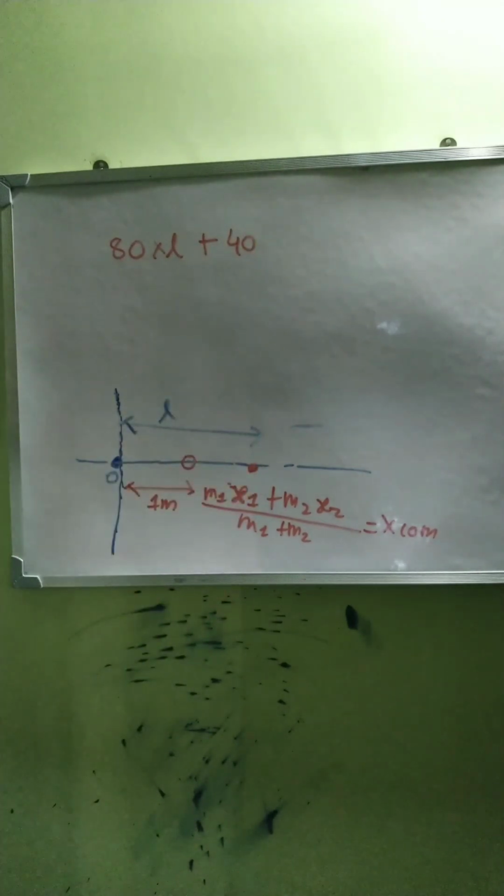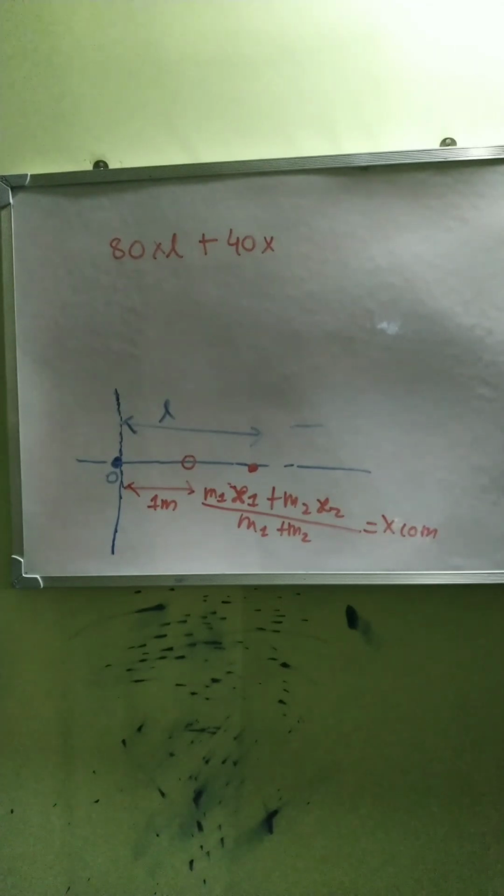40 into. Now before I continue, you may ask me that he was holding two masses, right? And I mentioned in the question that he can lift a maximum weight of 80 kg and he's holding two masses, so it should be 160 kg. The answer is no, because I told in the question that he can lift a maximum weight of 80 kg.